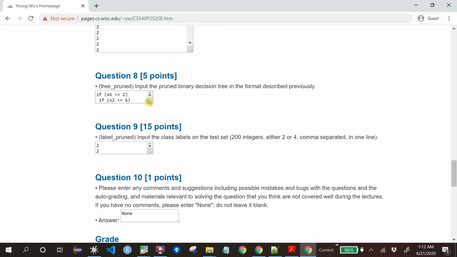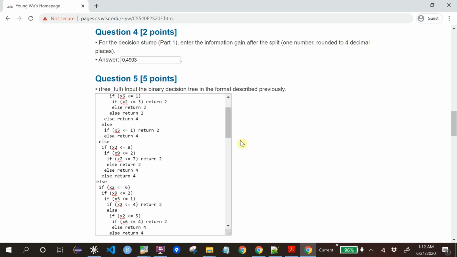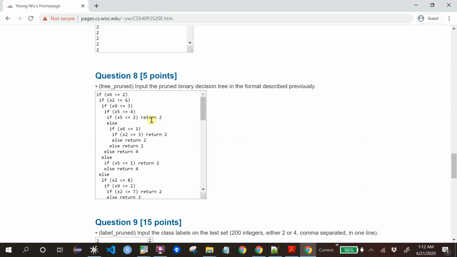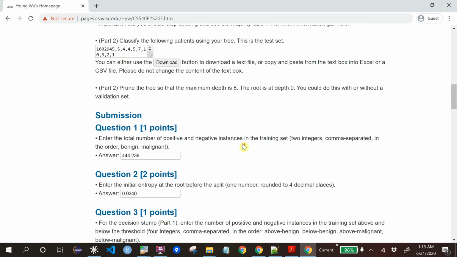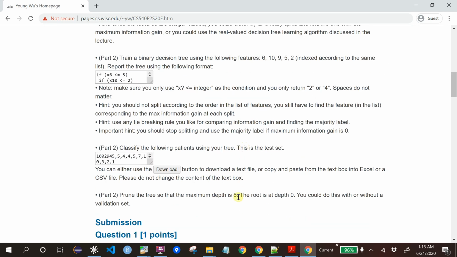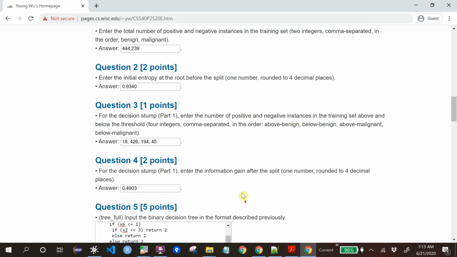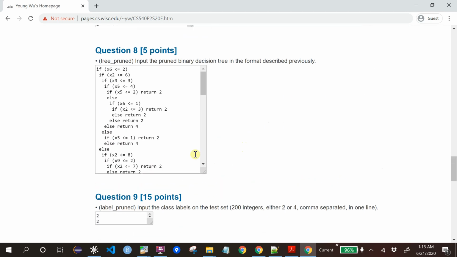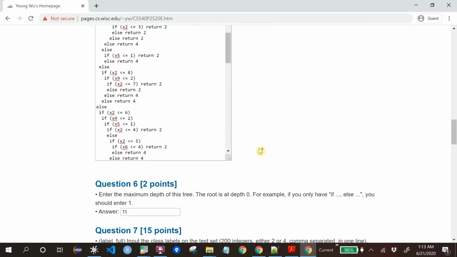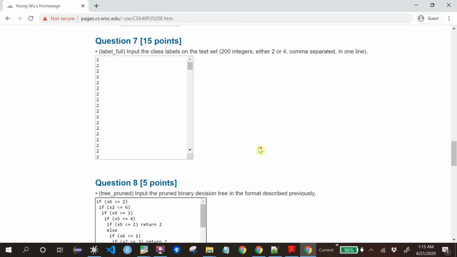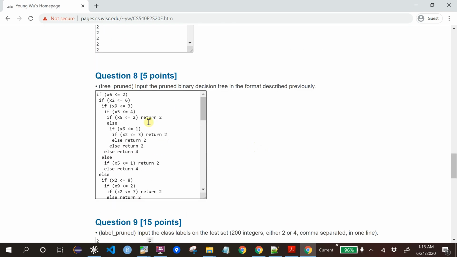Question 8 is exactly the same as question 5. I'm just grading the format, and there's one additional thing I'm doing: checking the depth. If you go back, I have the maximum depth here. The maximum depth is 8. If you enter a tree that's too large, for example the tree in question 5, you probably won't get the points.